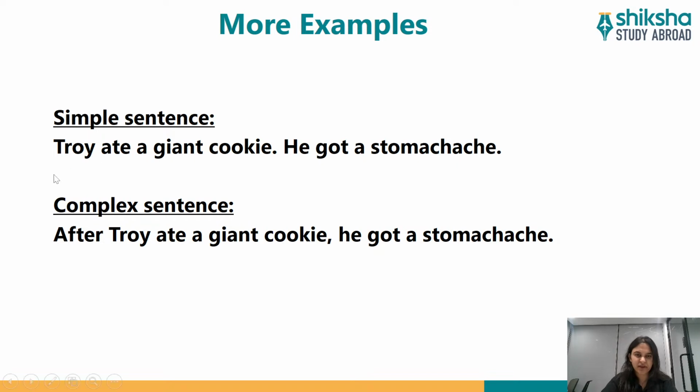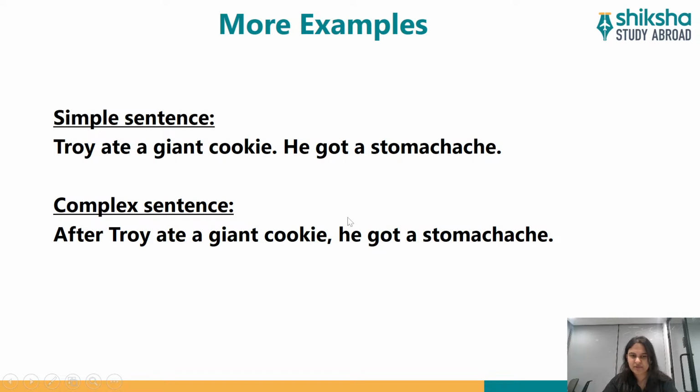For example, if I give you the example from here itself, Troy ate a giant cookie. This is one single simple sentence, and there is no dependency on any other sentence or phrase to get completed. It's a complete sentence in itself, right? But if I talk about this part of the complex sentence, he got a stomachache, this is a dependent clause because this clause depends on the first clause, after Troy ate a giant cookie.